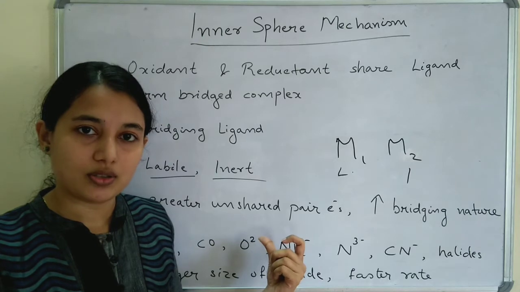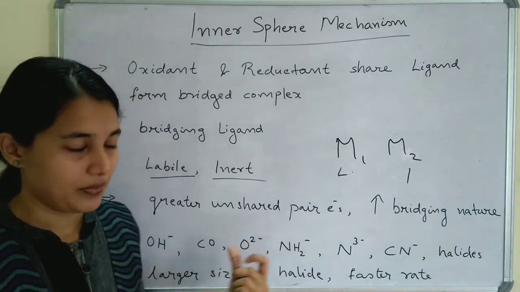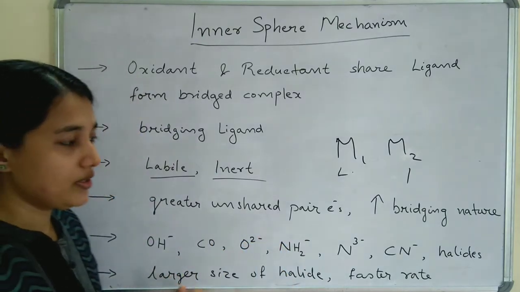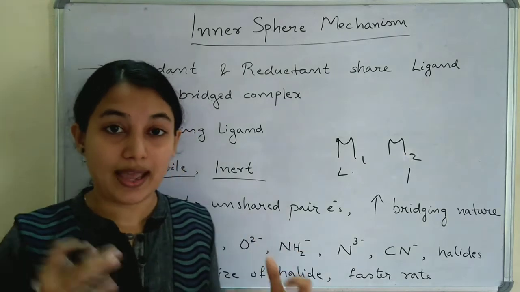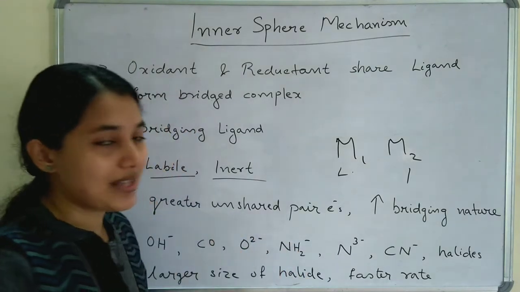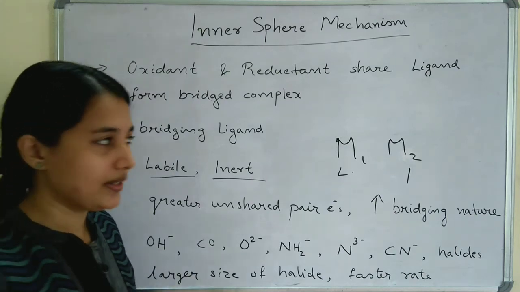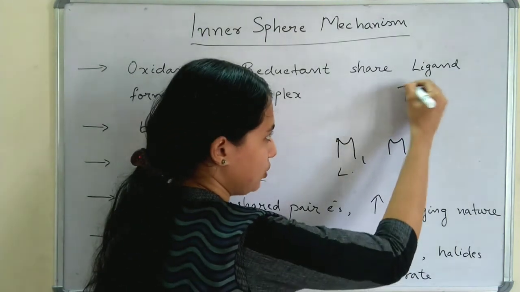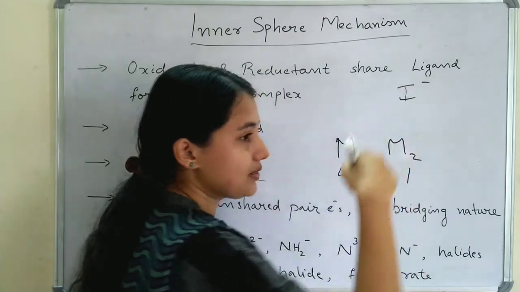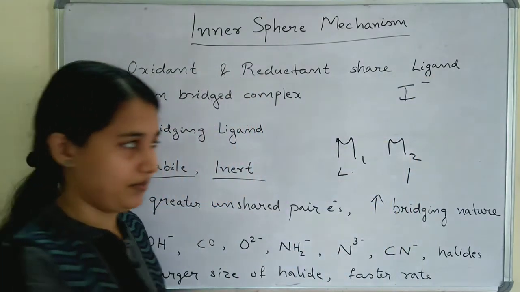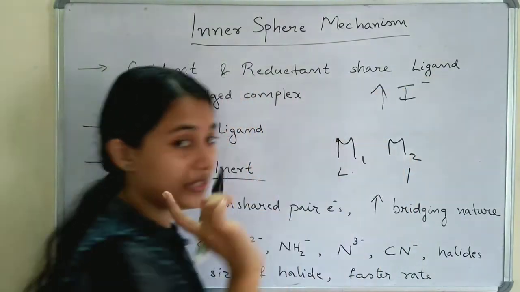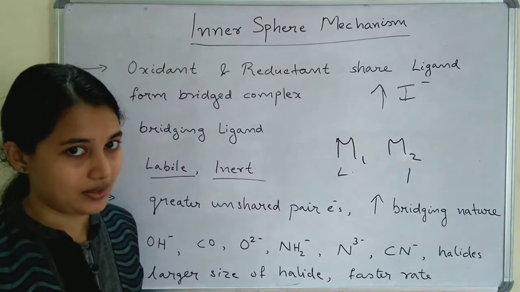Another point is the halide order: fluorine, chlorine, bromine. The greater the size of the halide, the greater the bridging nature. Which is greatest in size? Iodine. So iodine will have greater bridging nature due to its greater size.